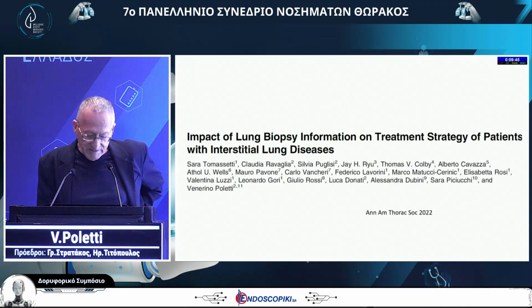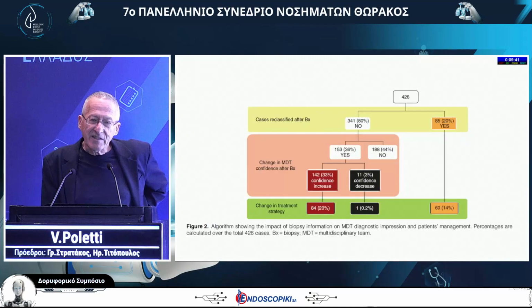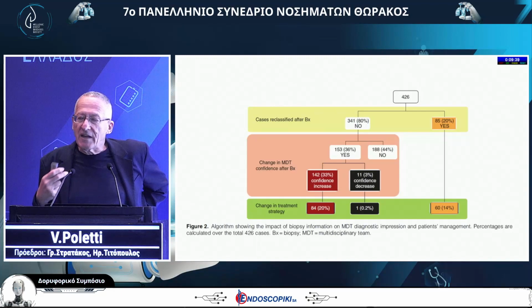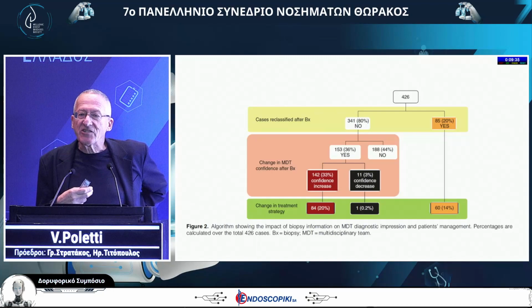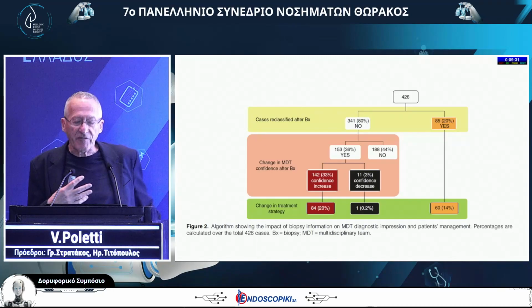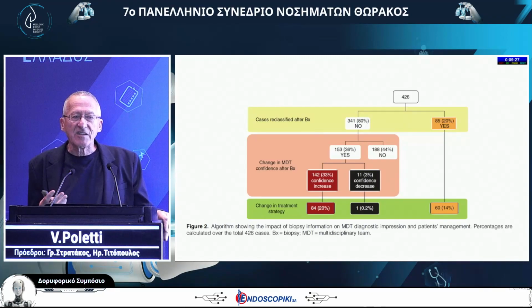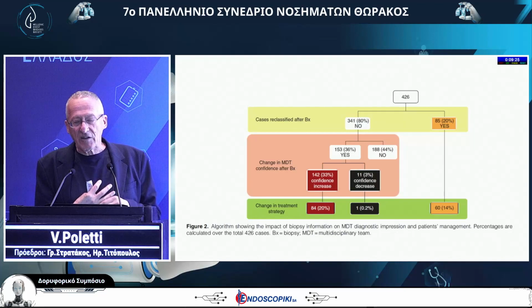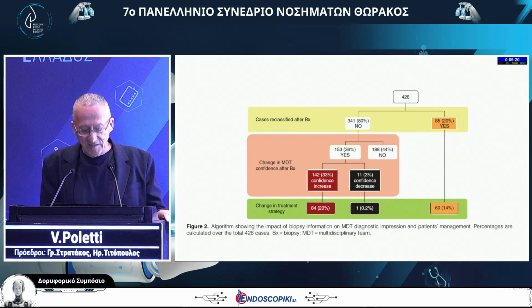This was our study published in 2020. You see here that according to the data provided by cryobiopsy, you change the diagnosis in a fifth of cases, but in the majority of cases, you significantly increase the diagnostic confidence, and this has an impact on treatment decisions.